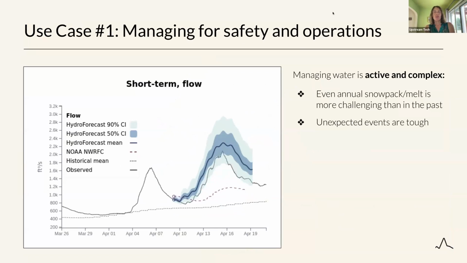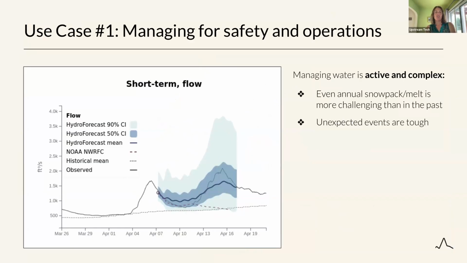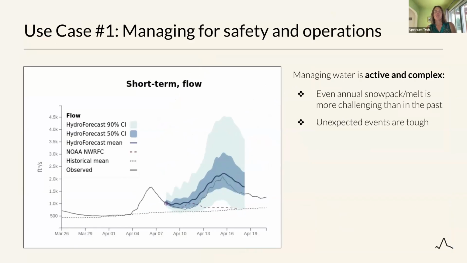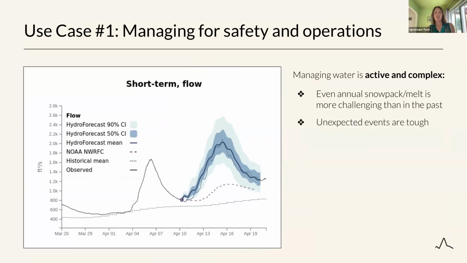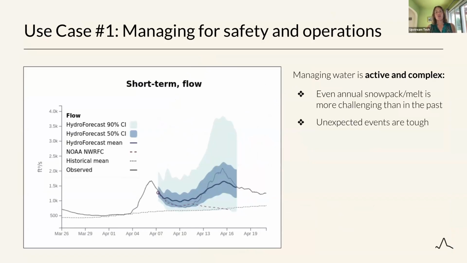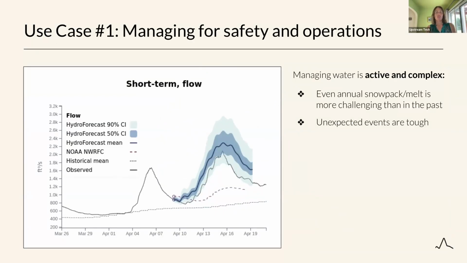Use case number one. When you have an event coming in, operators, and there are some of you on the call now, some of our customers, it can be very stressful. There are certain times of year, for example the snowmelt season, when you know that you're going to get this snowmelt peak, but you don't know what day of the week it's going to be. And the magnitude, the timing, all of that is uncertain.